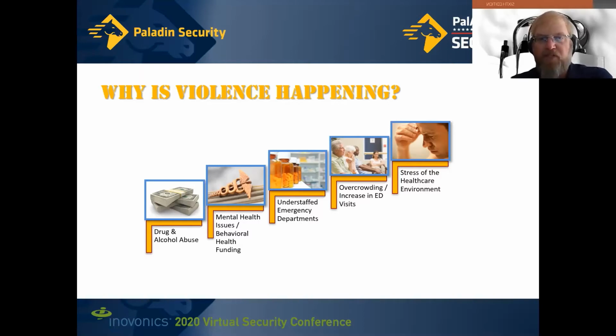Then we also have to deal with the stress of the environment itself. And I just think it's important that you realize the stress of the environment is really critical. When you think about some of the worst things that happen in the community, where do people go to get assistance? Where do they go to get help? They go inside the emergency department. They go inside of the healthcare facilities themselves.